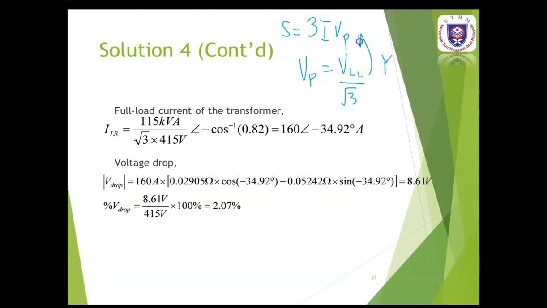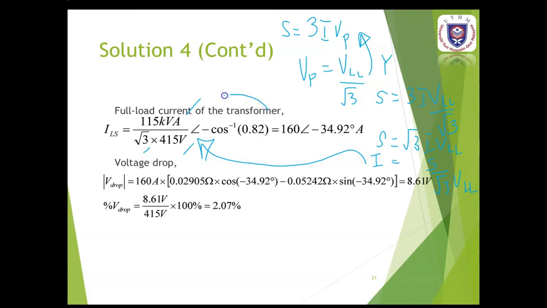So we substitute this into the equation: S equivalent to 3 I V line to line over root 3. So we get S equivalent to root 3 I V line to line, and I equivalent to S over root 3 V line to line. This is the equation here. Then S over root 3 and V line to line, which is 415 volts.